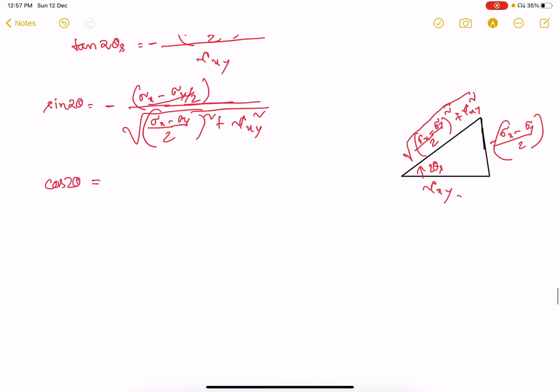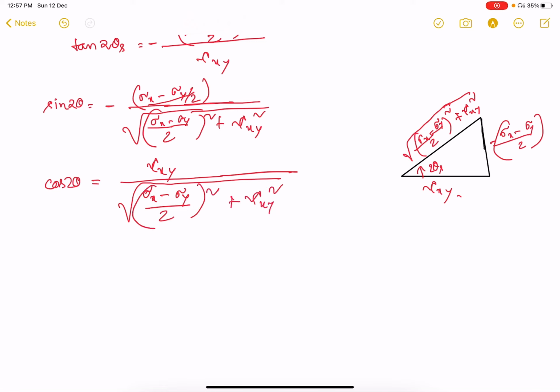cos twice theta is equal to tau xy divided by the root of sigma x minus sigma y divided by 2 whole square plus tau xy square.